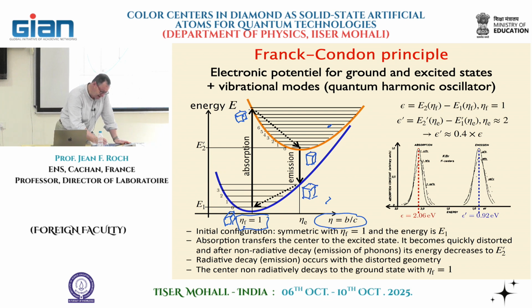I can just evaluate the energy difference between here and here, for instance. I have all my potential here. Okay? I know exactly, I've done the calculation. So this is the value. I need to take the value for eta equal 1. So that tells us this value. When I do the calculation, I found this.